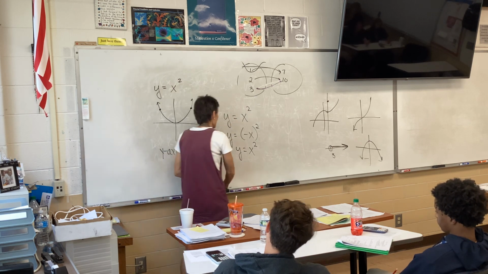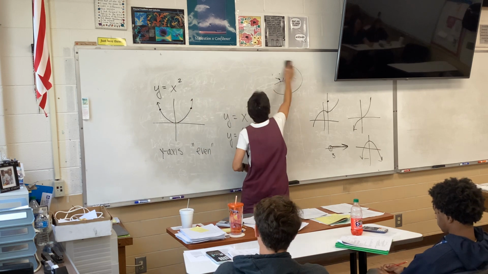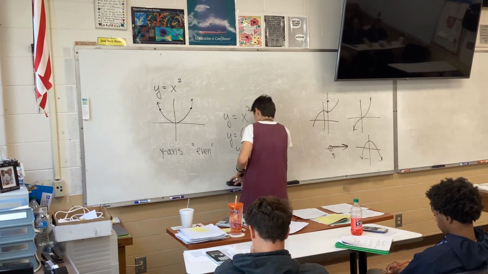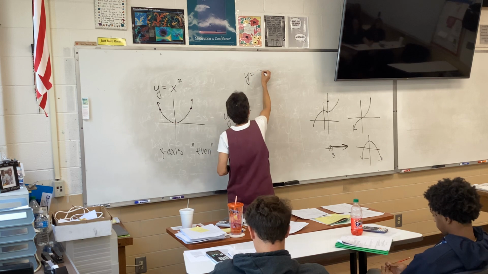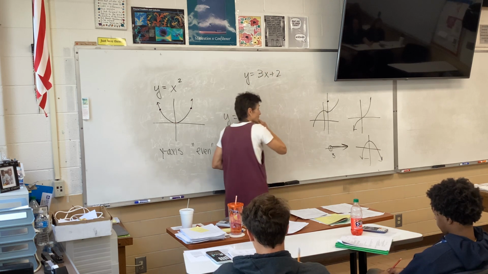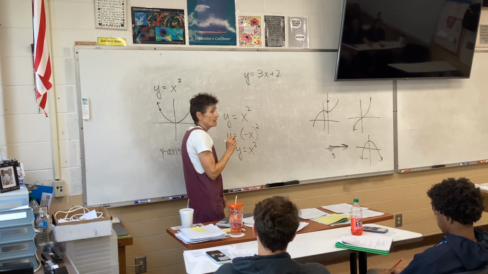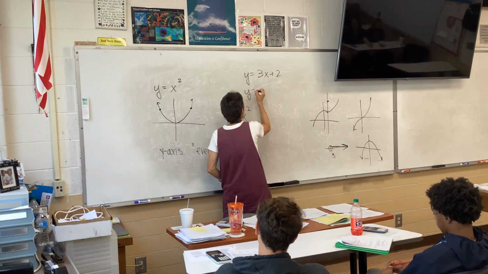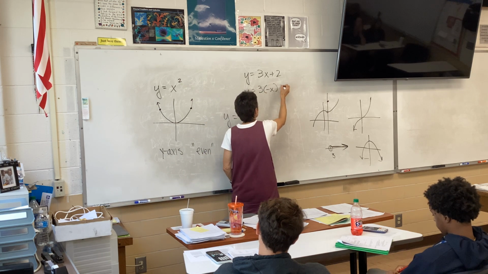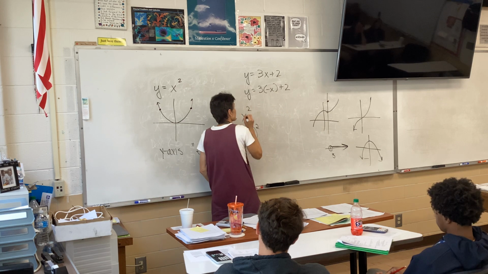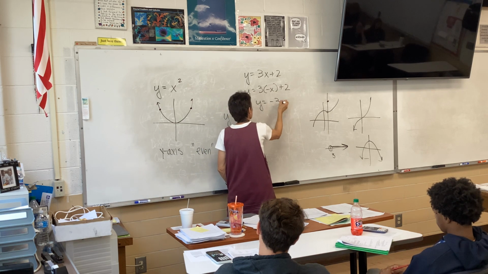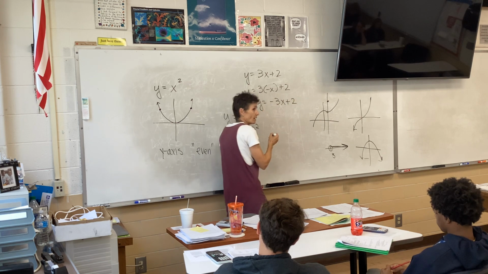So let me give you an example of one that's not. And there are lots of them. Let's say we have the equation 3x plus 2. If I change the sign on x and simplify, do I get the same equation as I started with?